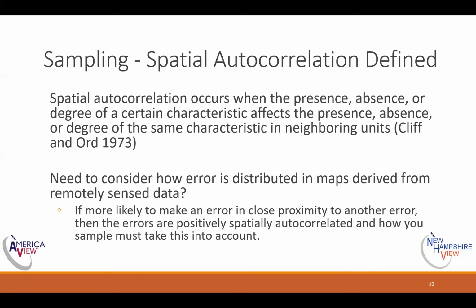If we're more likely to make an error in close proximity to another error, then those errors are positively autocorrelated, and you need to take that into account. And the way you take that into account is you space your samples apart. We talked about that in positional accuracy. You would do some kind of similar thing. You would set some kind of distance measure and make sure that you don't take samples too close together.